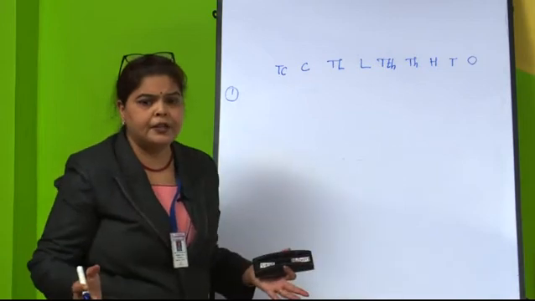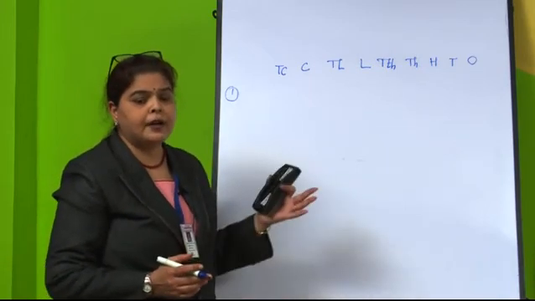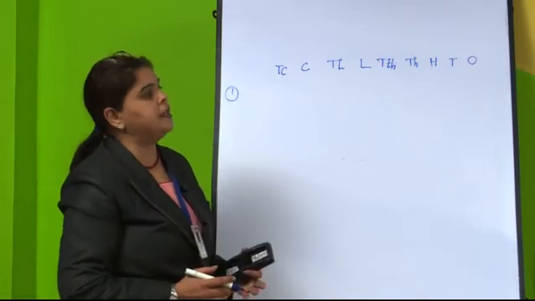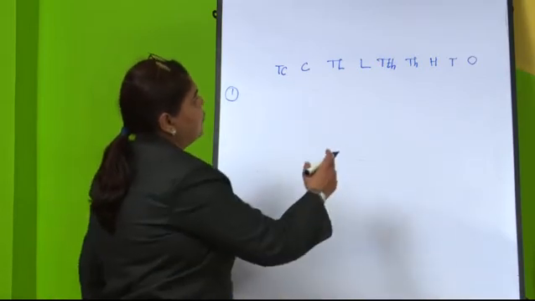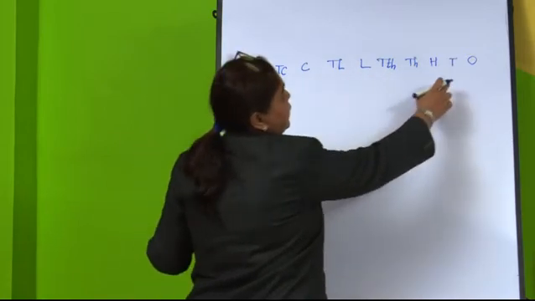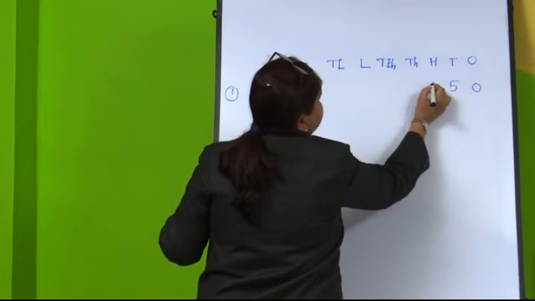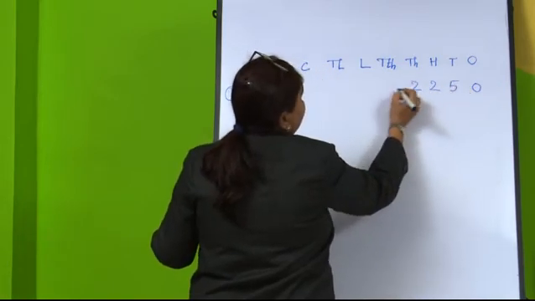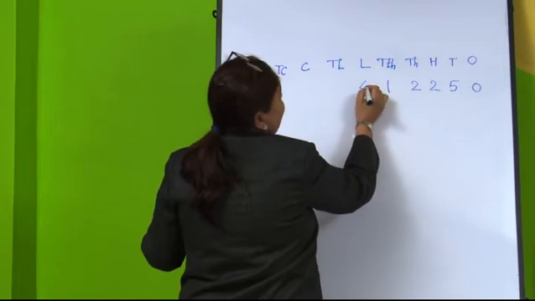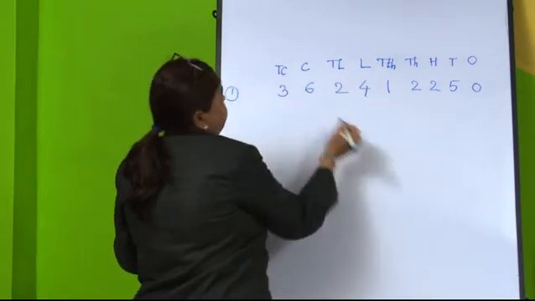I am unable to read it. Yes, you students also can't read this number, because I had not inserted commas in it. So first what I will do is put it in the place value chart. Here I have 0, then 5, then 2, 2, 1, 4, 2, 6 and 3.